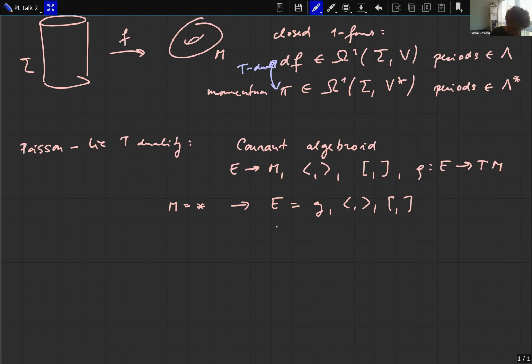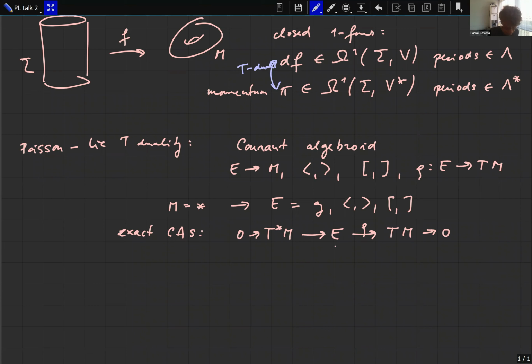And there is another interesting case now when M is arbitrary. There are things which are called exact Courant algebroids. So how does it go? If you have E, we have this map rho going to TM. We can also take the transpose of rho, and using the pairing on E, we will have a map going from T star of M to E star, which is the same as E. And if that's an exact sequence, then this is what is called an exact Courant algebroid.